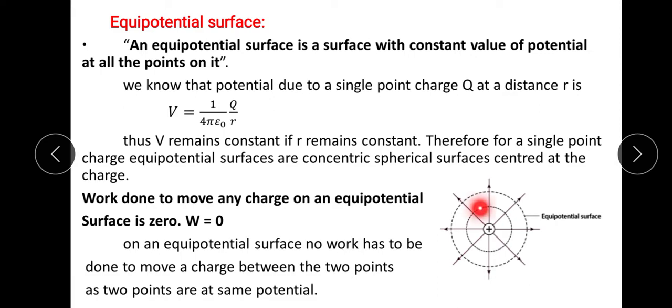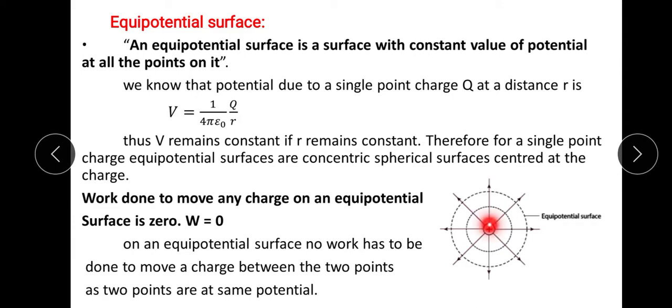Now first consider this circle. If you stand anywhere at the edge of a circle, from the center to any point, the distance will remain same. Now, if the charge is placed at the center and we are calculating the potential on the surface of this circle, the value of potential remains same because the radius remains constant in a circle.